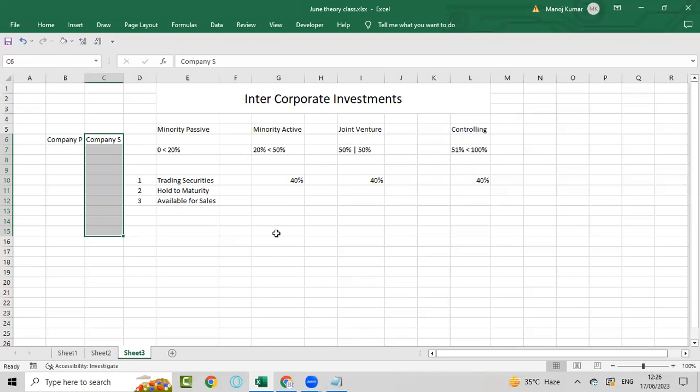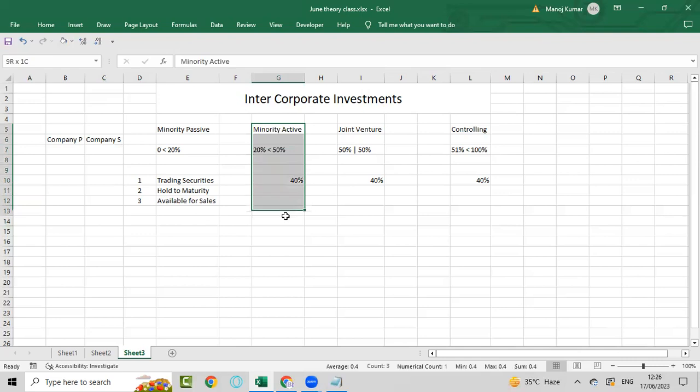Okay. Now, in this case, what happens? Company P has a significant stake, but it cannot influence too much, right? It has a significant stake in this company, but it cannot influence too much. It has some influence, not too much. It cannot control the management. It cannot change the policies of the management, but it can ask questions. So it will be minority active.